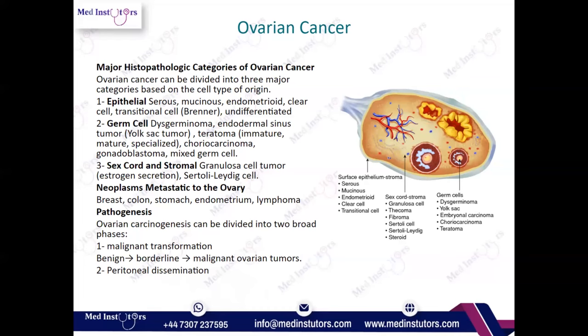The answer is very simple. Germ cells have all the germ layers: ectoderm, mesoderm, endoderm. That's very simple. Germ cells have all the germ layers. So yes, and the oocyte is also the correct answer.